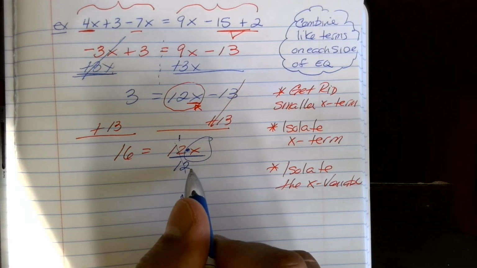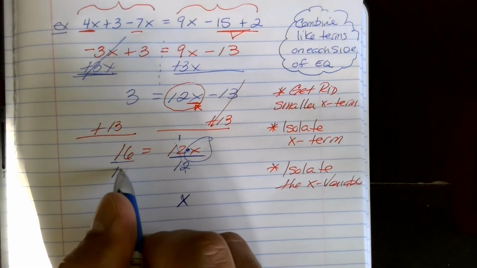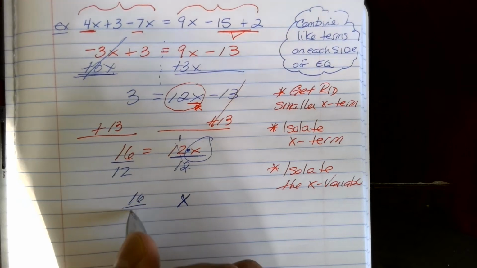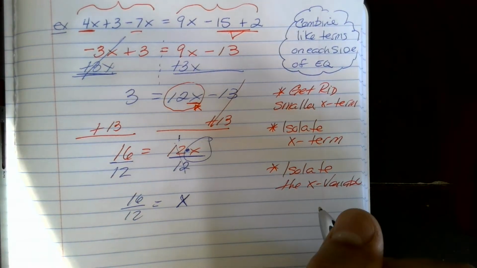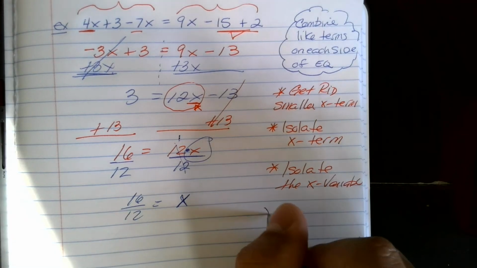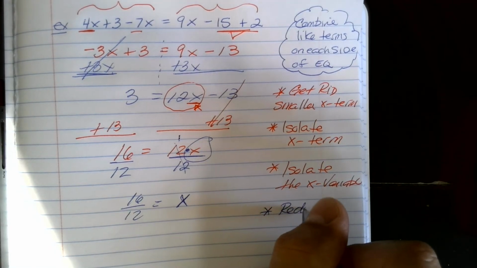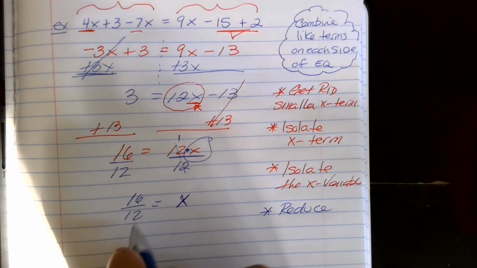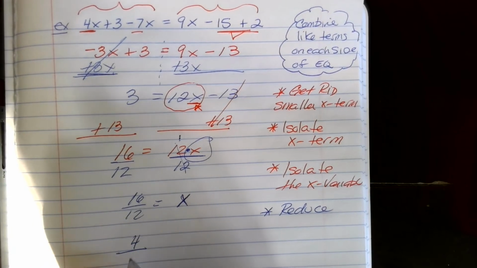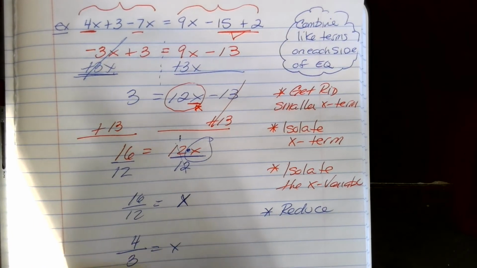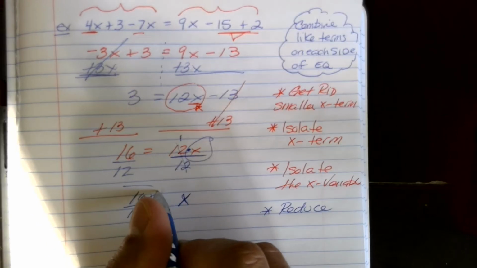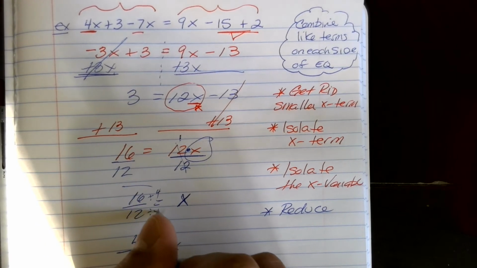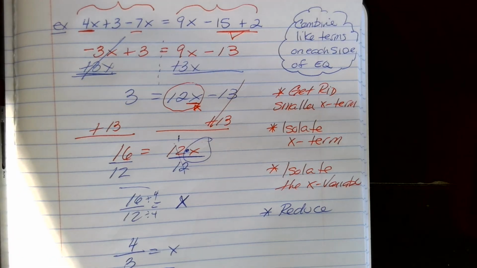So if I divide the right side by 12, I have to divide this left side by 12. So I have 16 twelfths is equal to x, and I can reduce that. 4 goes into the numerator 4 times, and 4 goes into the denominator 3 times. It looks like my final answer is 4/3. I divide the top and the bottom by 4 to reduce that.